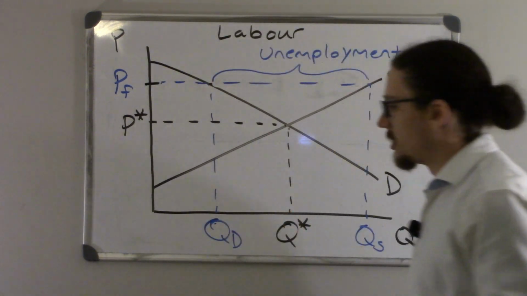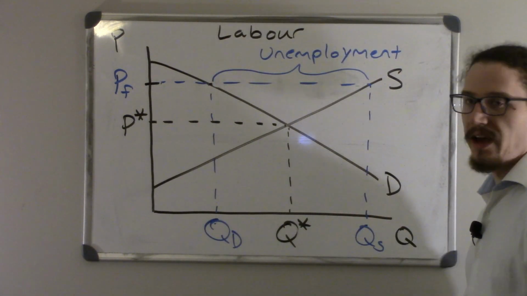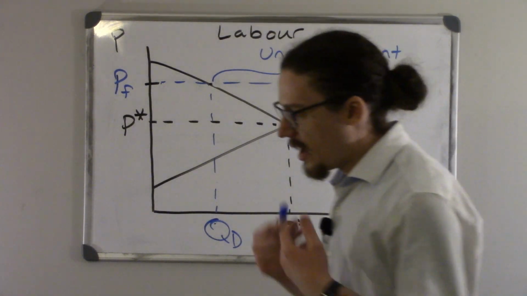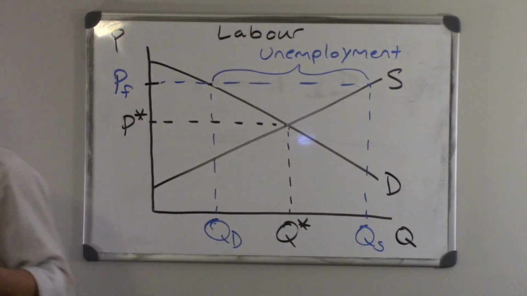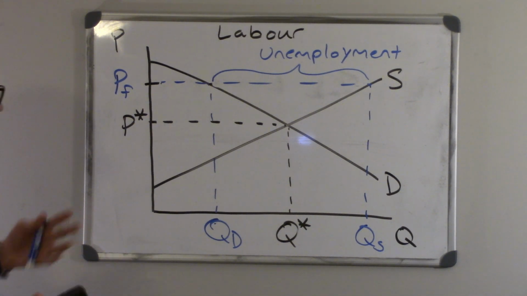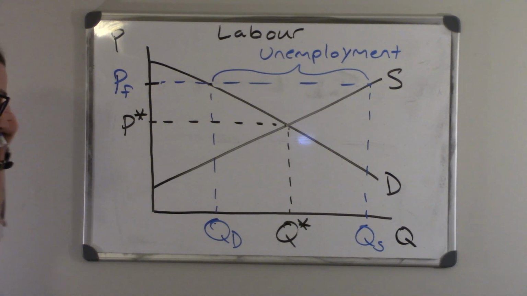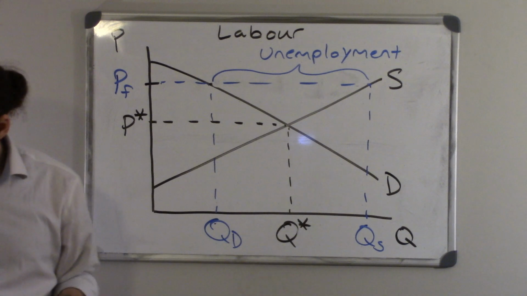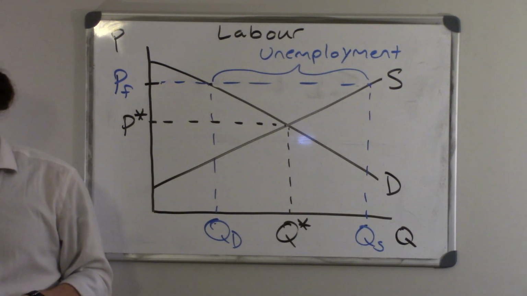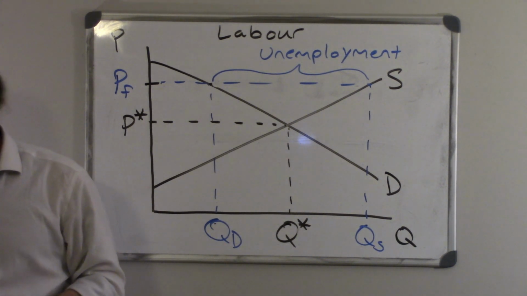But this is really just to get the idea of a price floor and look at what happens when we have one of those, how we get that surplus. That's it for our surplus. Now let's talk about the deadweight loss.